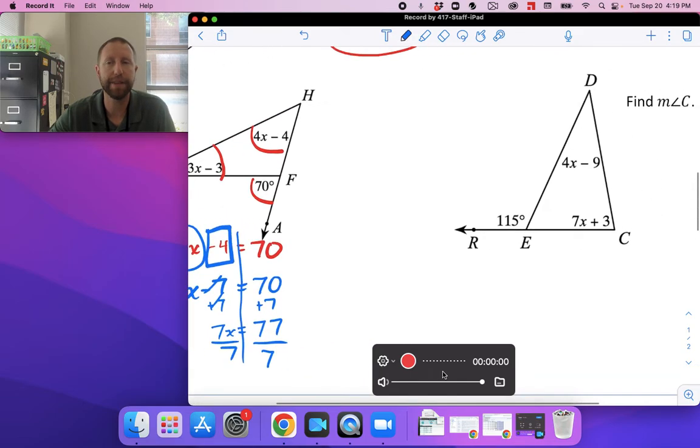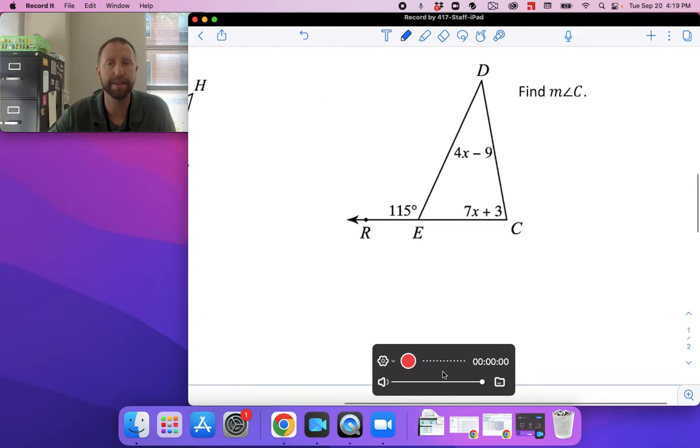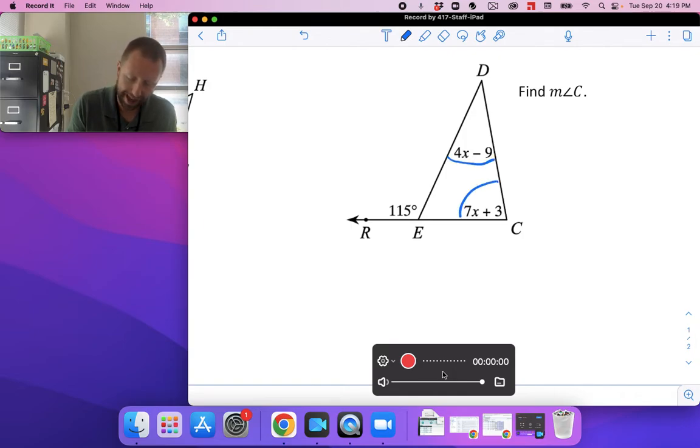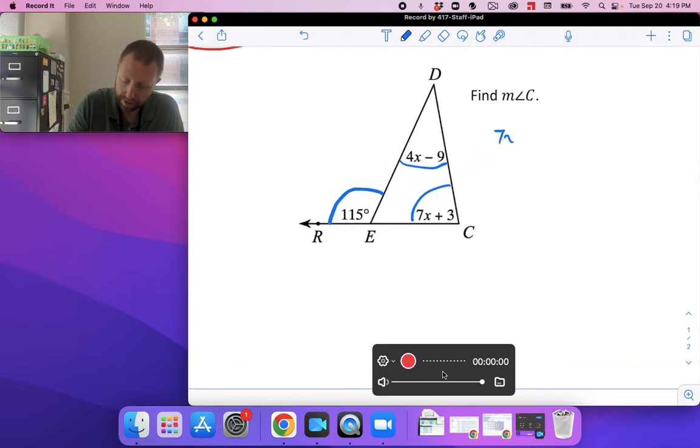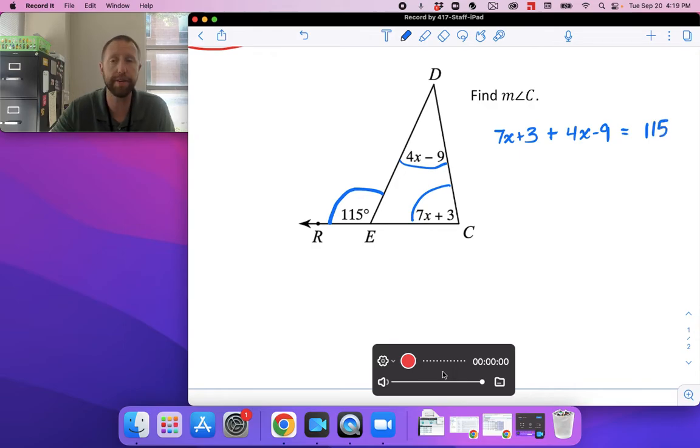And finally, I'm going to use that same idea for this last example. It says to find the measurement of angle C. Well, in order to find the measurement of angle C, I've got to know what x is. I know that this interior angle plus this interior angle has to equal this exterior angle, right? So I'm going to set that up. I've got 7x plus 3 plus 4x minus 9 equals 115.